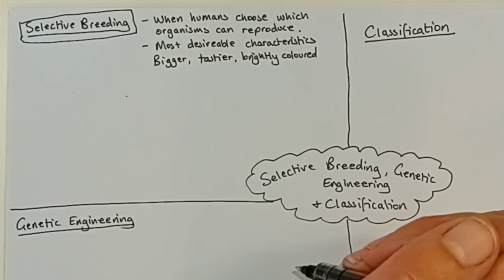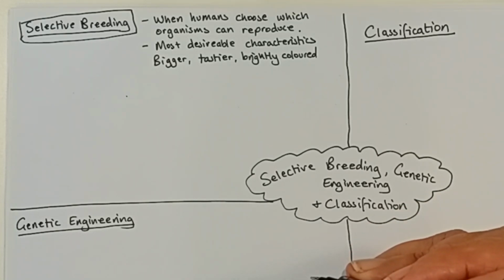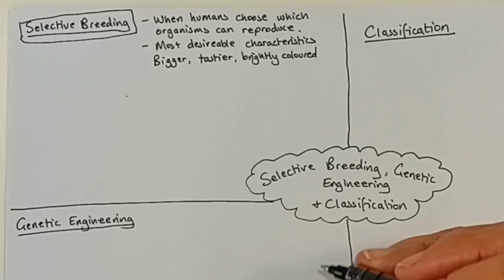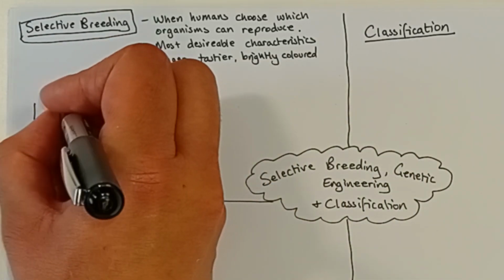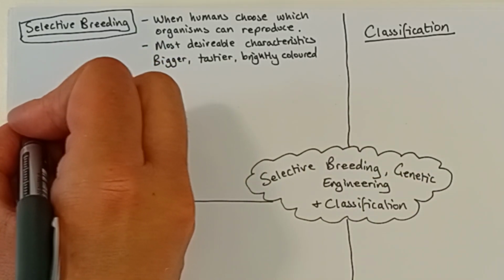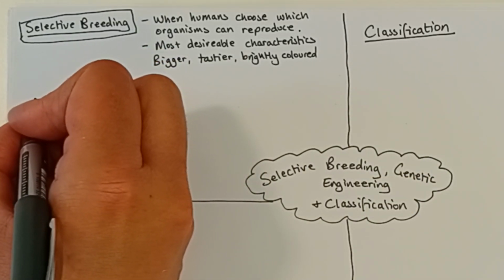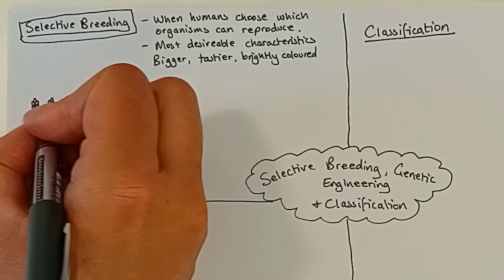So humans have chosen which ones are going to have babies, and then they choose those babies for many generations, changing the characteristics. An example of that then is wheat. So a long time ago, wheat would have had very, very small kernels of wheat on it.